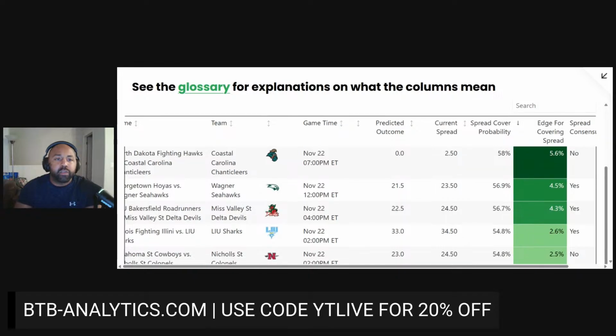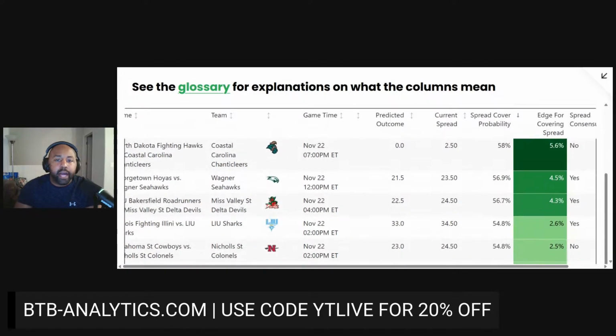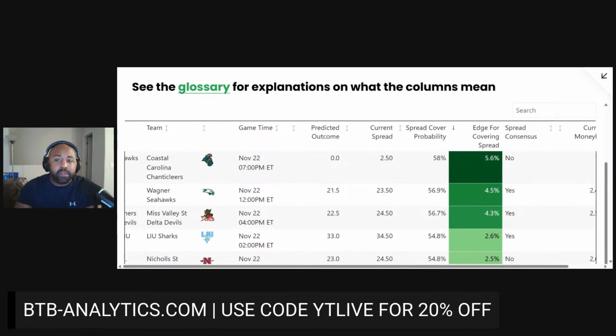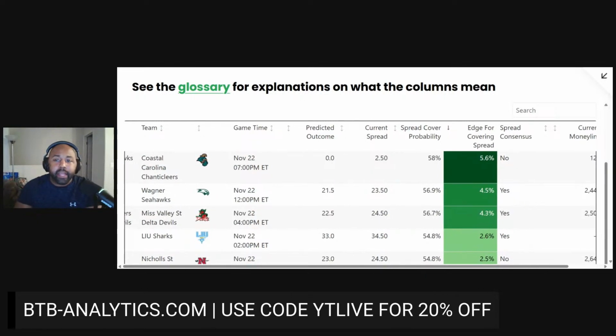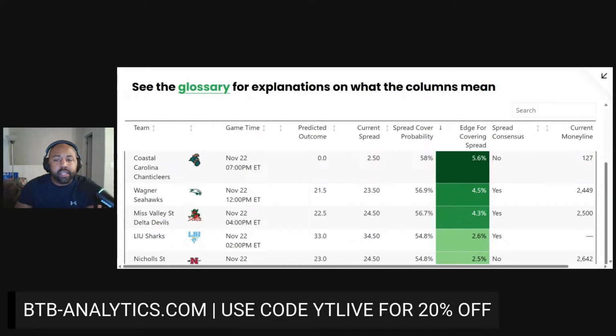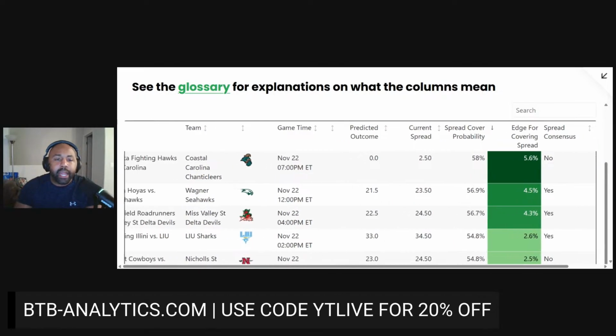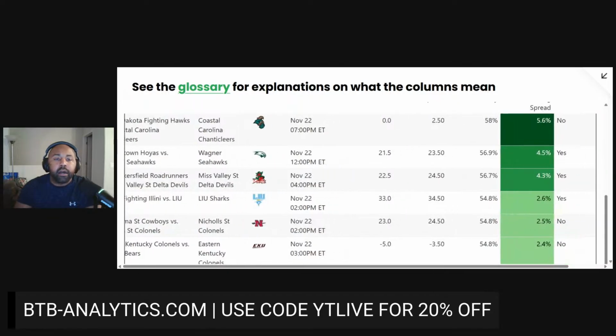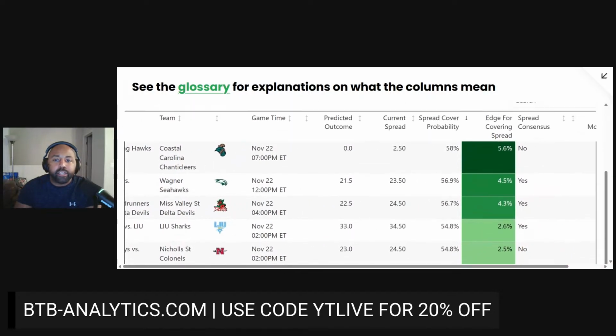All right, without further ado, first game up, Coastal Carolina Chanticleers. We have them as a pick 'em. The current spread right now is plus 2.5. That's a 5.6% edge, and that would be a bet here. We don't have spread consensus on that, so 2 out of 3 models agree, but that's still a lot of edge. Next up, Wagner Seahawks against Georgetown. We have them at plus 21.5.